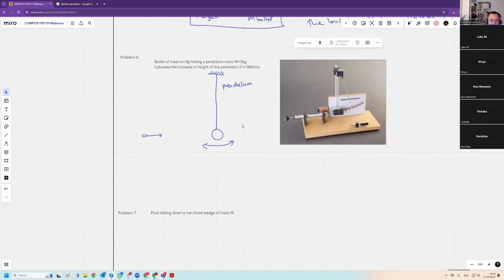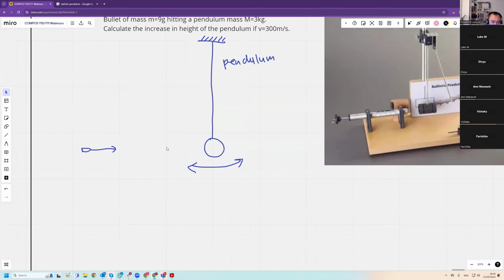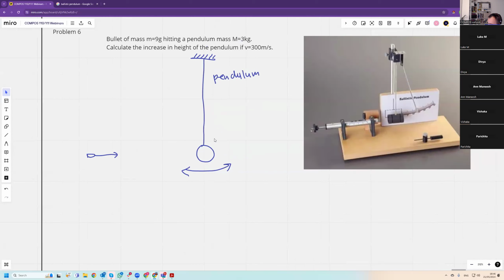So there are two things going on here. First of all, you have conservation of momentum when you hit. Okay, so let's see. This is a 3 kilogram pendulum, and this mass is 9 grams, so 0.009 kilograms. Now it's traveling at 300 meters a second. We want to know how fast it will move.